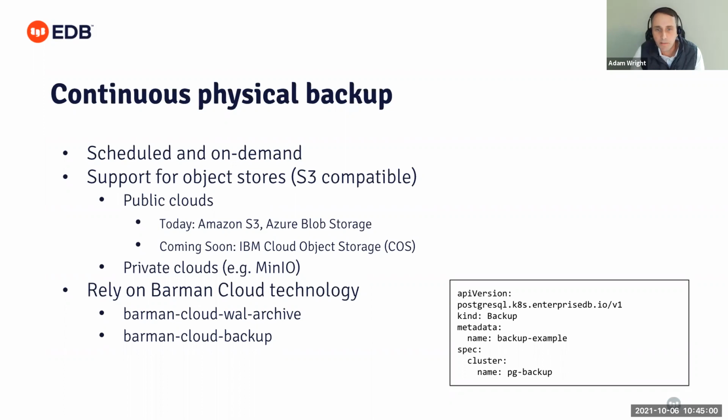But today, natively, we support Amazon S3, we support Azure Blob Storage, we are working on IBM Cloud Object Storage, and then if that's not covered, MinIO Gateway will probably get your WAL files and backups to where you need to go. And then, of course, this list will be expanded based on customer feedback. So these are standard commands that are run: barman-cloud-backup, barman-cloud-wal-archive.